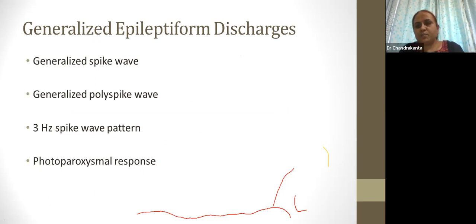So generalized abnormalities can be in the form of background abnormalities, or they can be generalized epileptiform discharges. So what are the types of generalized epileptiform discharges? Can be spike wave pattern, polyspike wave pattern, 3 Hz spike wave pattern, and photoparoxysmal response.